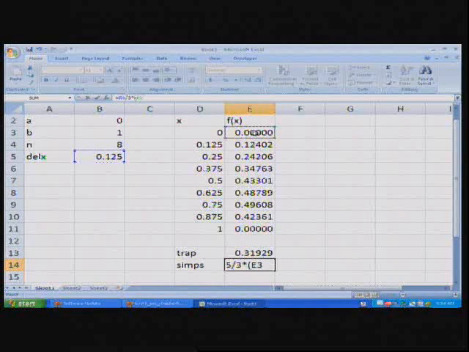All right, so I'm going to do this one plus, and then it goes 4, I forgot, 4, 2, 4, 2 until you get to the last one.